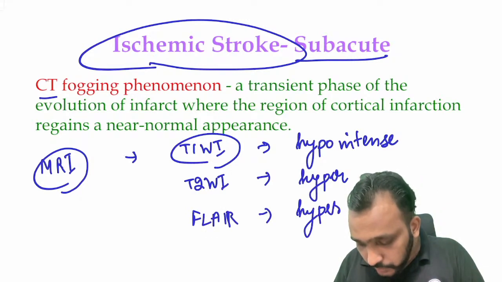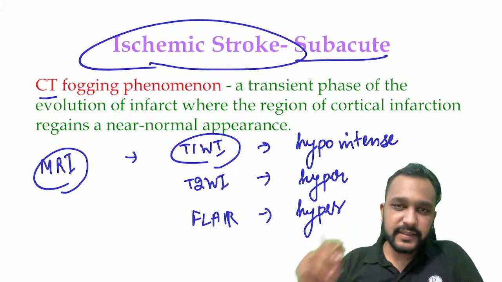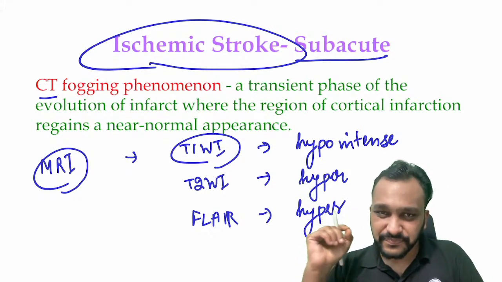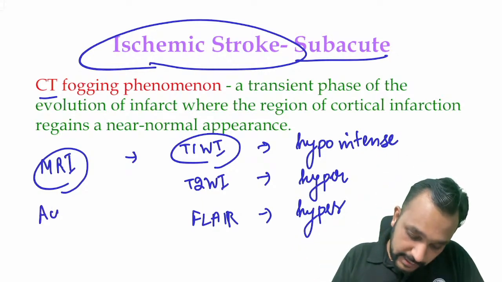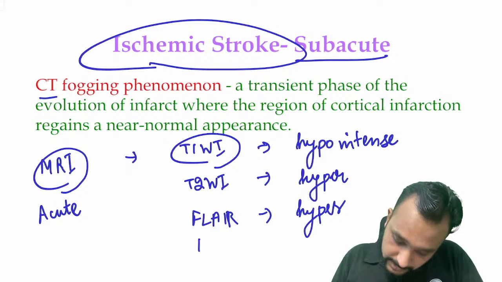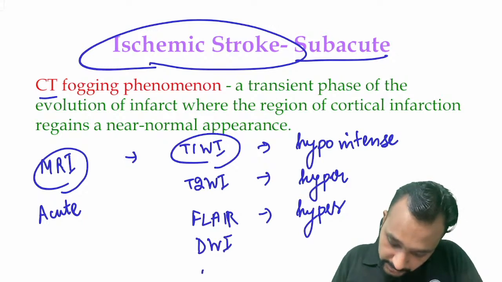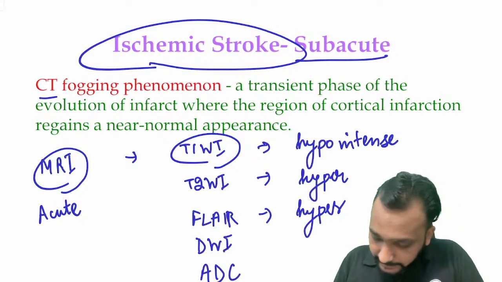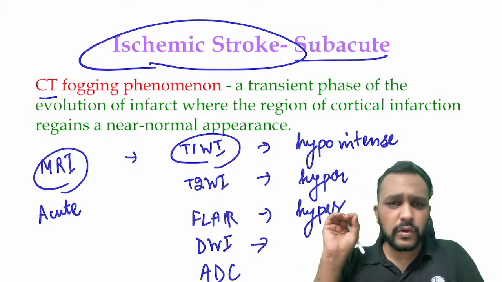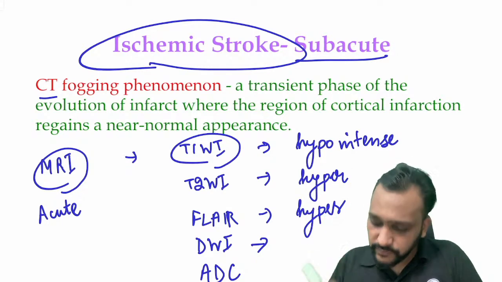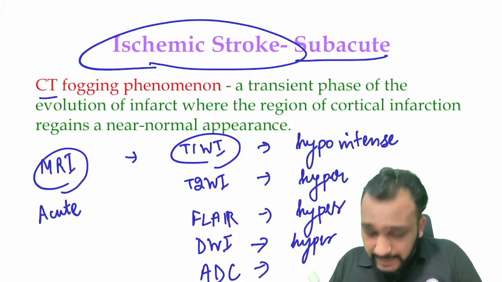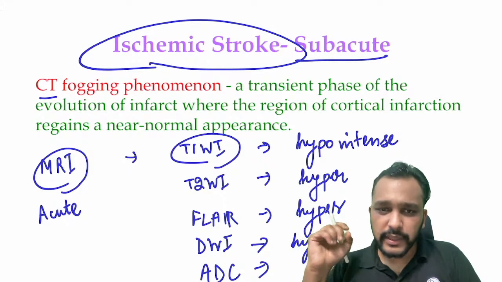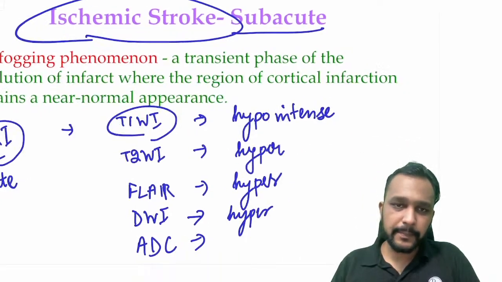Now you are going to ask me, sir, these were the same imaging features of acute stroke as well, right? But I will tell you what happens on diffusion weighted images and ADC, right? So on diffusion weighted images, again it is going to appear hyperintense. An acute and a hyperacute stroke was appearing dark on the ADC map.